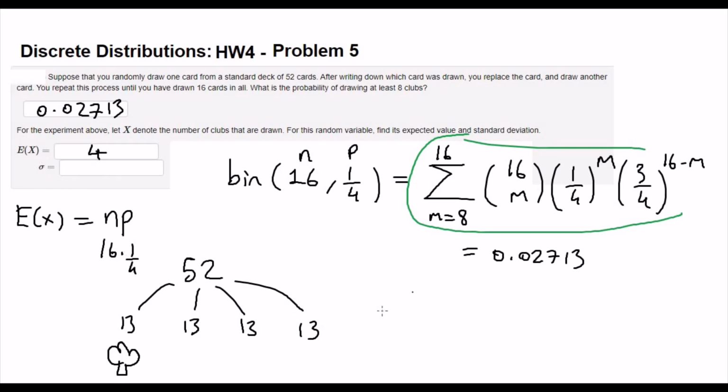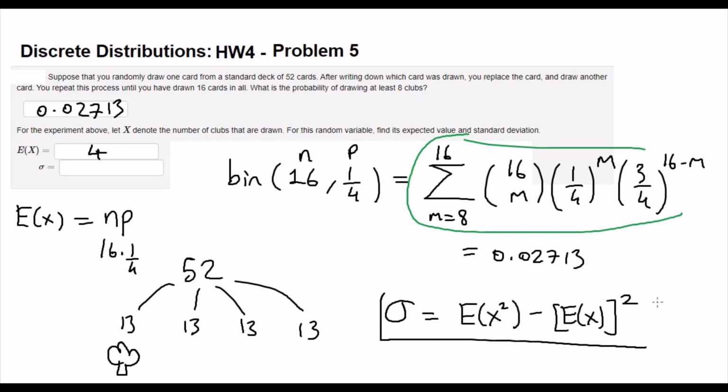And variance by definition is the expectation of x squared minus the expectation of x, the quantity squared. But again, we're going to go with the shortcut. We're not going to use this definition, because in this case we would have to find the expectation of x squared.